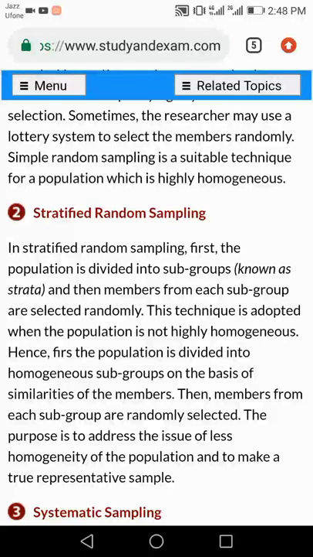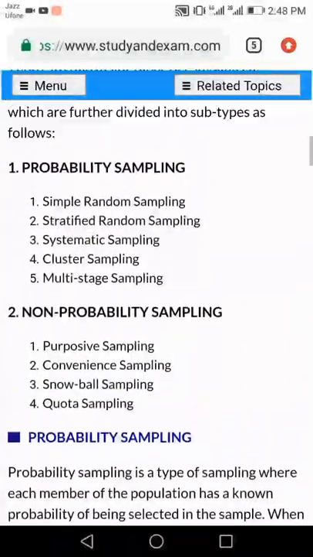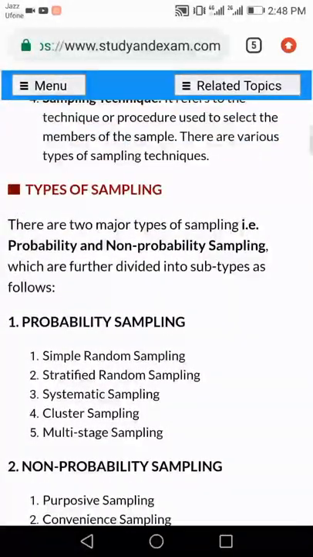So here your population is not homogeneous, it means they are heterogeneous. That's why you are using stratified random sampling. So as you know, what is the meaning of types of sampling?